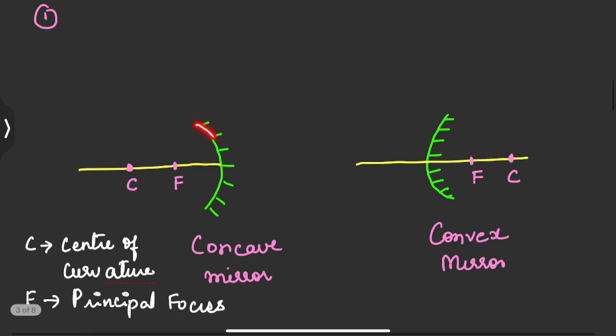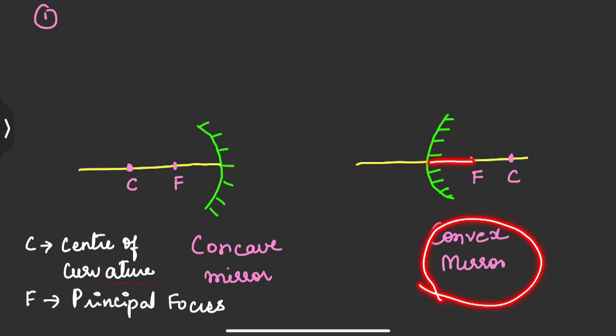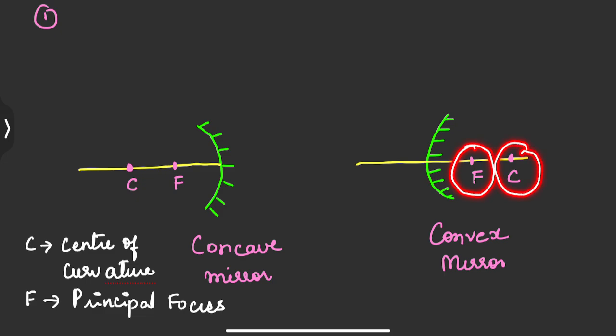For the concave mirror, you write the center of curvature and principal focus in front of the reflecting surface, whereas for the convex mirror, they will be behind the reflecting surface. Is that clear? Now we are going to draw the standard incident ray.